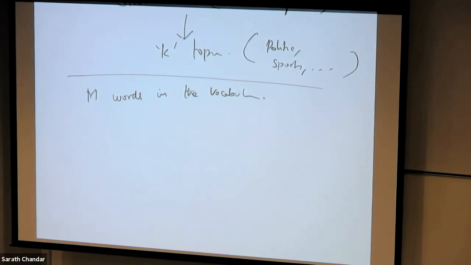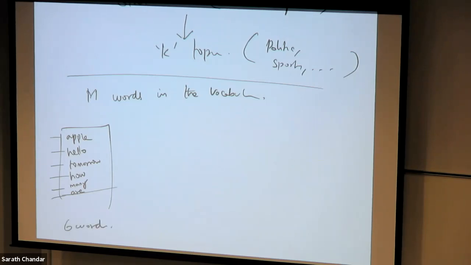Just to give you an example, let's say I have my vocabulary which has apple, hello, tomorrow, how, many, are. Let's say this is my vocabulary. Now, how many words are there? You have 1, 2, 3, 4, 5, 6. I have 6 words in my vocabulary, which means I can take any document and represent it with a 6-dimensional vector.